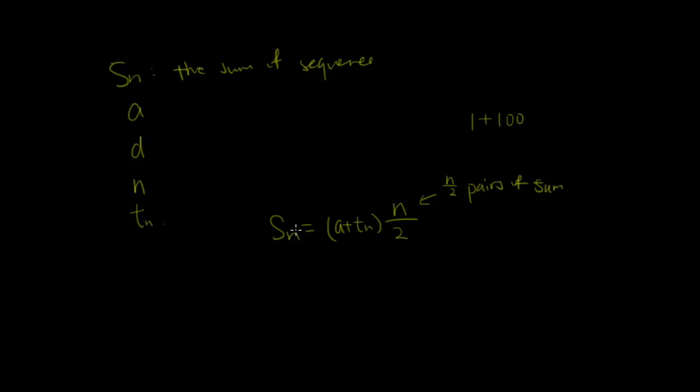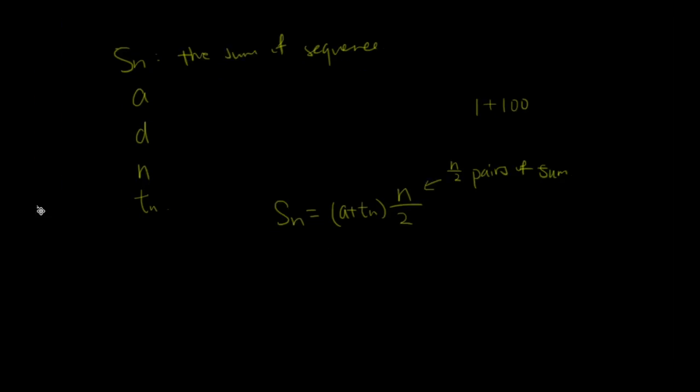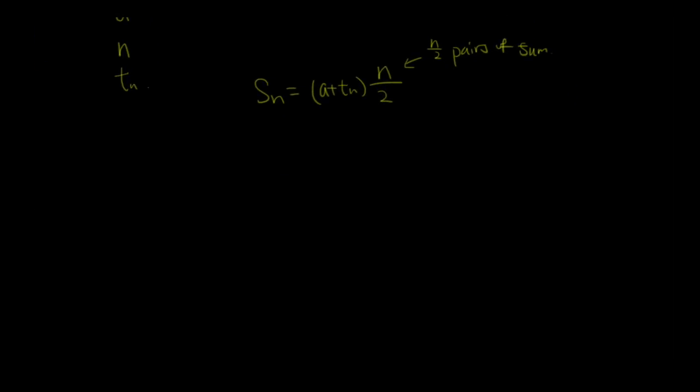Alright, so if we simplify this, let's put in the general formula for Tn, where Tn equals a plus n minus 1 times d.